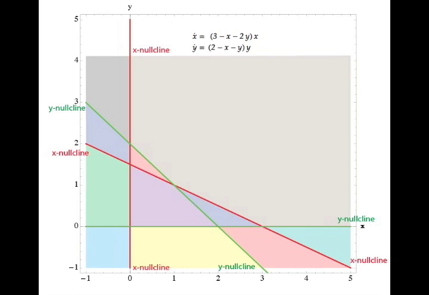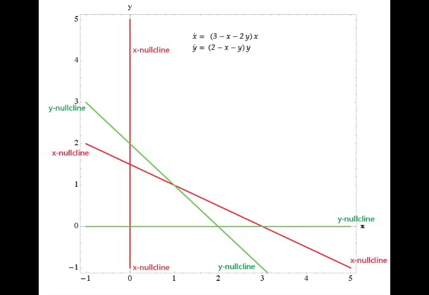Likewise, if you're moving across a y nullcline from one region to another, the direction of the y dot vector will change signs, but the x dot vector will remain unchanged. So we are going to use this information to systematically build up what the vector component directions will be like in each of these regions.